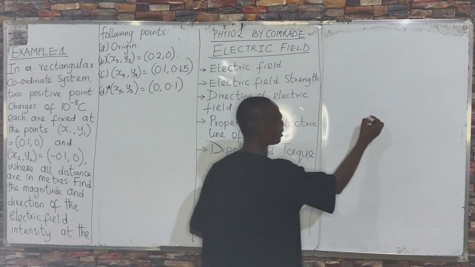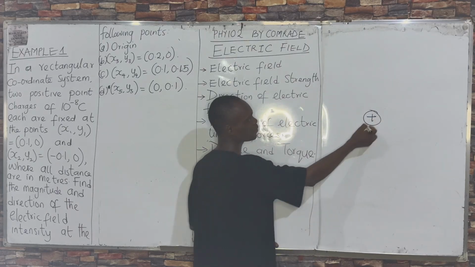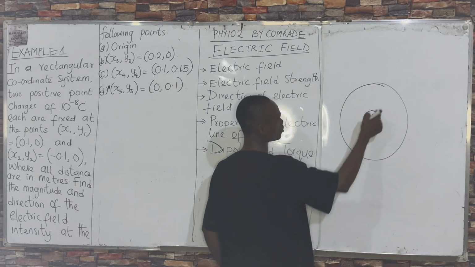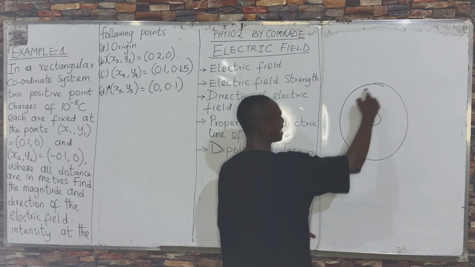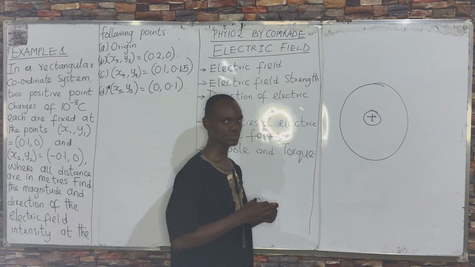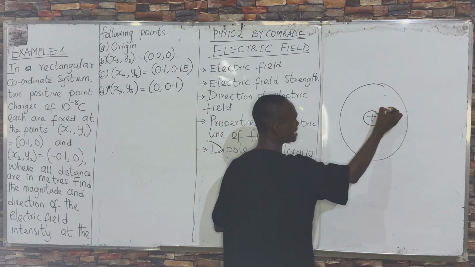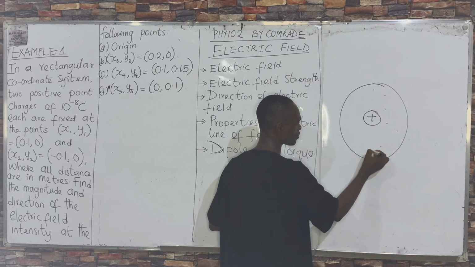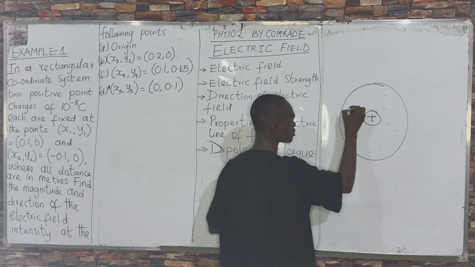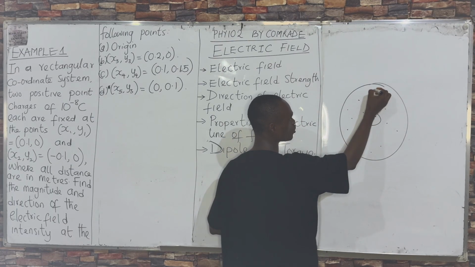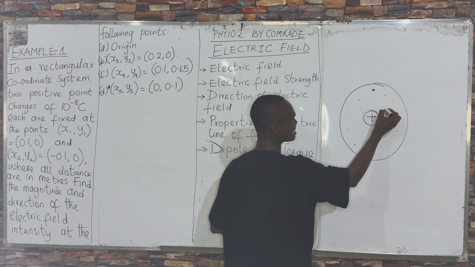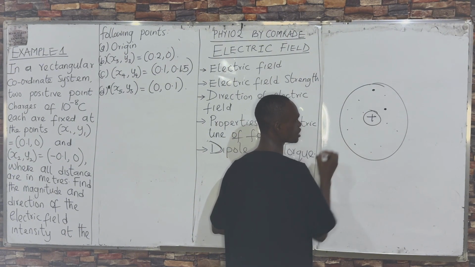Meaning, if I have a charge, for example, this is a charge, what surrounds this charge is called the electric field of this charge. Are you seeing it? Now, each point in this field possesses different strength. Meaning the strength of the field at this point is different from the strength of the field at this point.